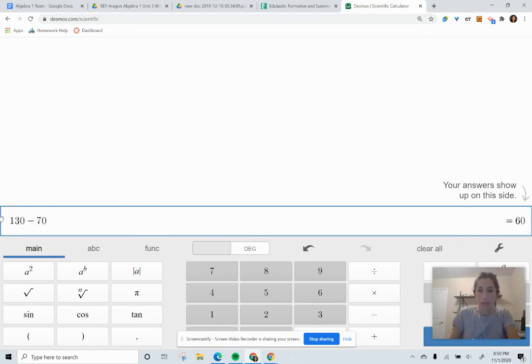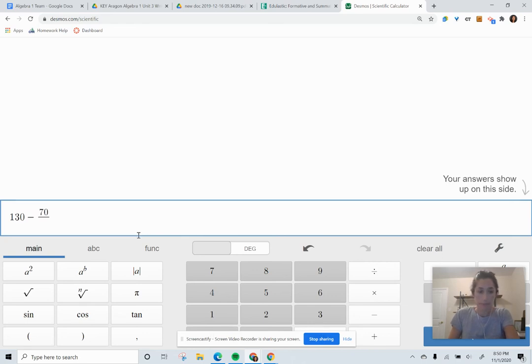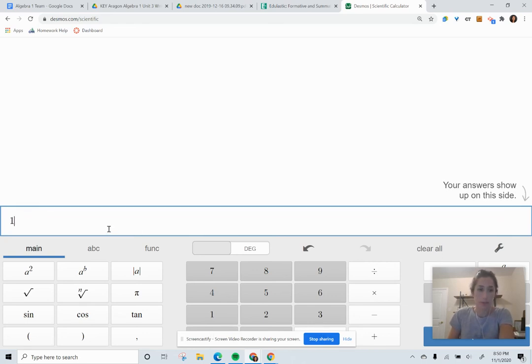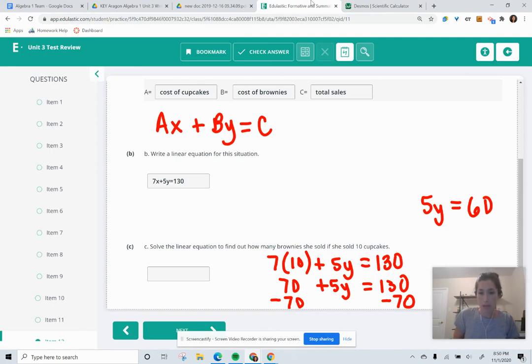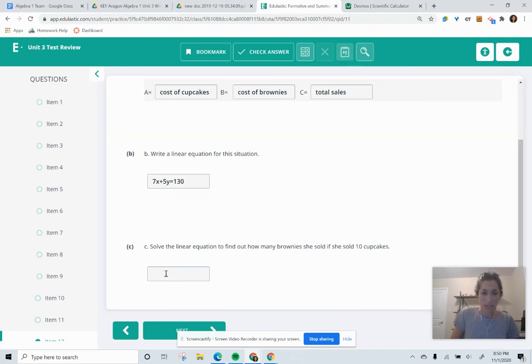And then we're dividing that by 5. 60 divided by 5, that's going to be 12. So y is 12 here. All right, so when I move my scratch pad, I can just type in the answer. It's 12. We'll go on to the next question.